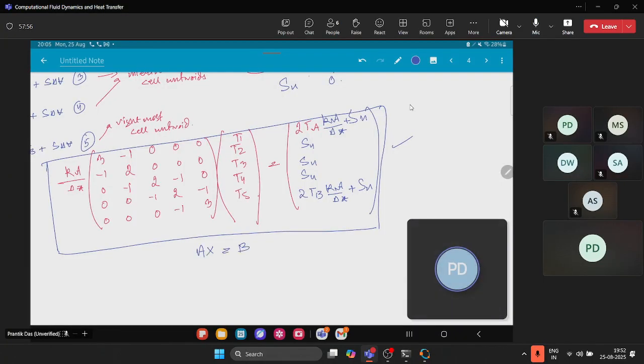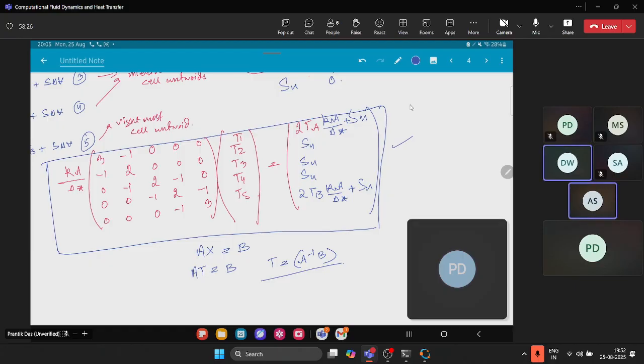So here in your case, x is basically T. So T becomes A inverse B. This is what you have to do in order to find out the temperature at each and every control volume. If I know the temperature at each and every control volume, I can know the temperature profile. Okay, is it clear to all of you?